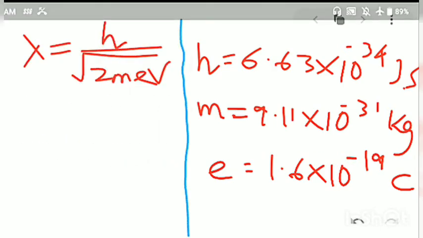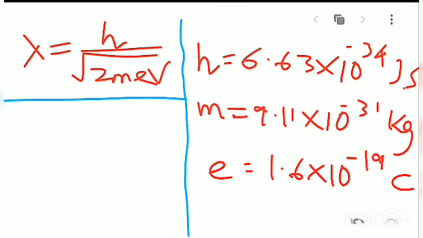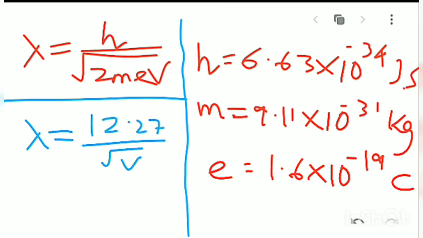So if I put all these values in the equation, the only changing factor that remains is phi, the potential. Except phi, we know all the values, and roughly the value comes out for lambda as 12.27 by square root of phi in units of angstrom.